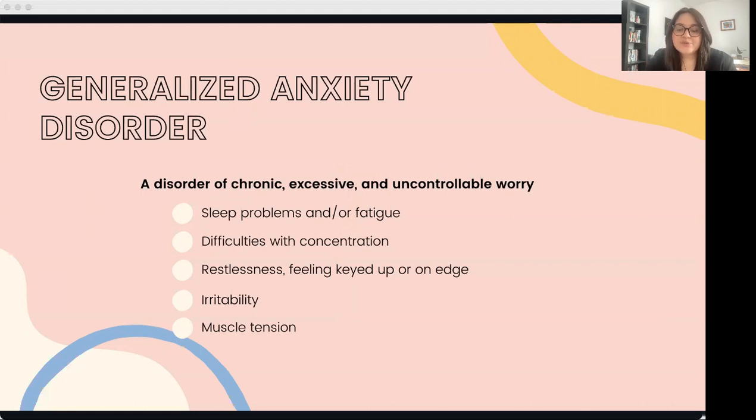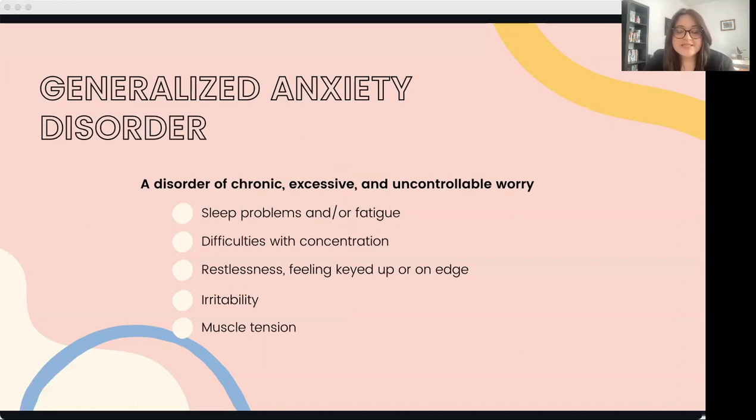And not only do individuals with generalized anxiety find themselves worrying more often than not, they also worry to an extent that is inappropriate to a given situation, worry when nothing seems to be wrong, and also worry about hypothetical or imaginary situations. And because these worries are uncontrollable, it generally causes a lot of distress in people.